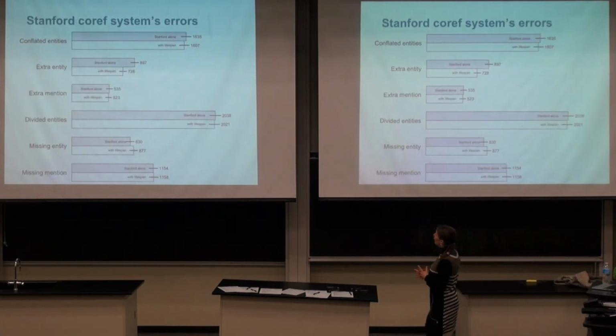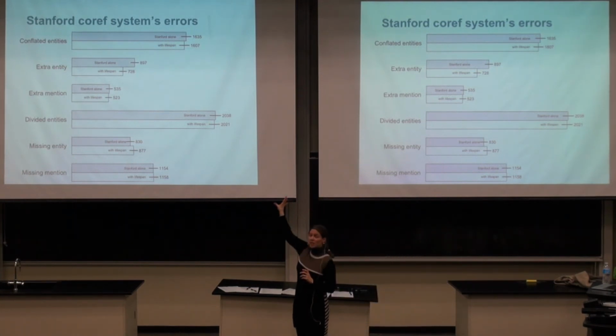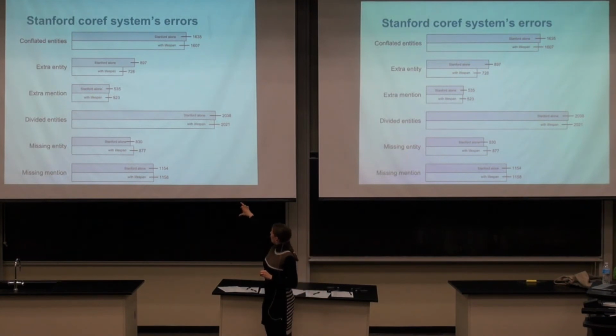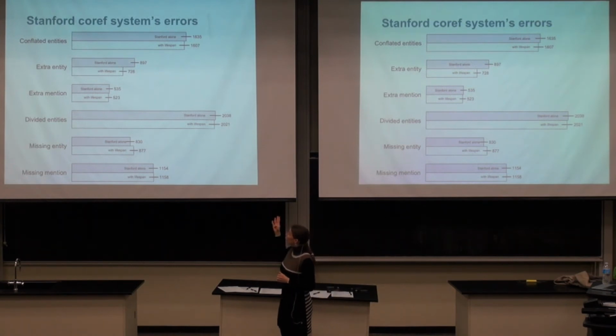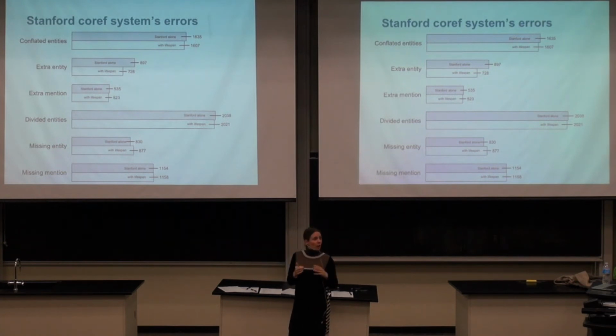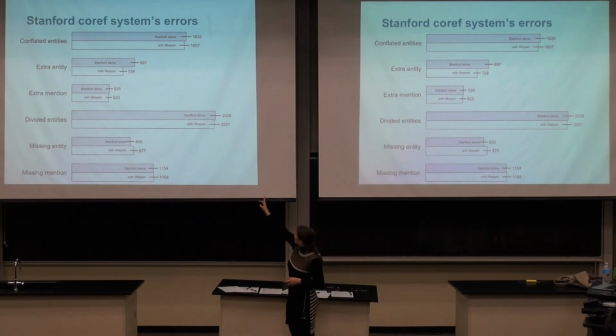And so here is what we have for the Stanford system. The errors above are precision oriented, affecting precision. The errors below are looking at the recall. And you see, it's not that we are improving on one type of error only. We get some little improvement here and there, but mainly all the errors that should affect precision are indeed reduced.